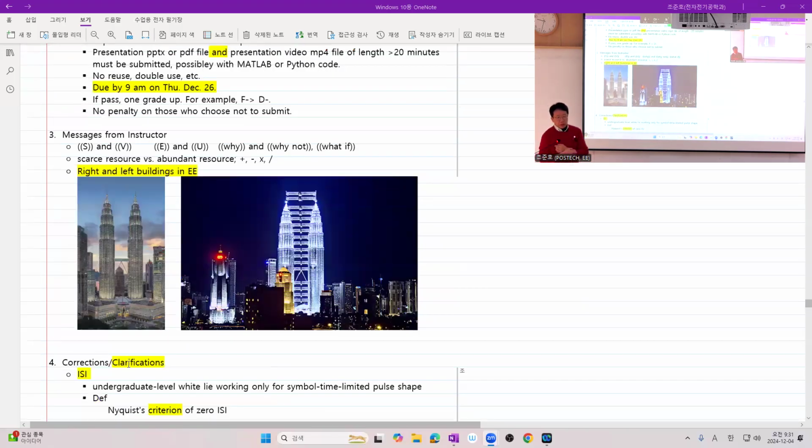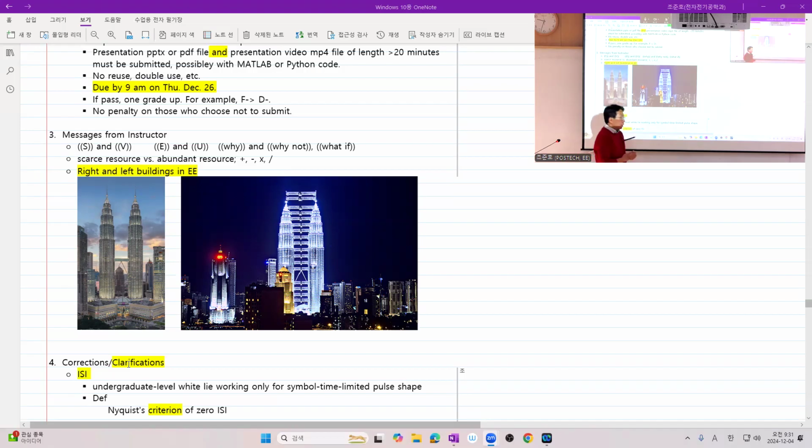Last time I added one more message from the instructor, and I have never actually been to Malaysia. So I've never seen the Petronas Twin Towers. But whenever you see this monumental building, please remember that I used it to make an analogy to two sub-areas in electrical engineering.